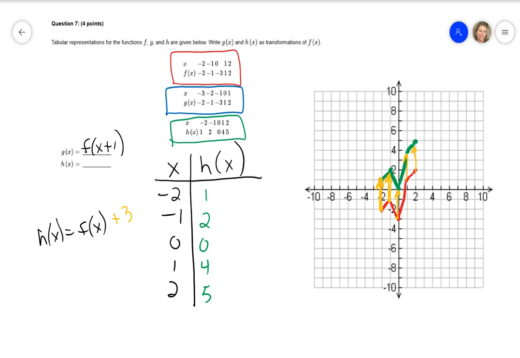If it was a vertical down, I would have subtracted. Like if my green graph had been shifted down, then that would have been -3. I would have had f of x minus 3 because it would go down 3. But this one went up. It went from red to green. The red moved up. So my answer here would be f of x plus 3. And that's transformations.